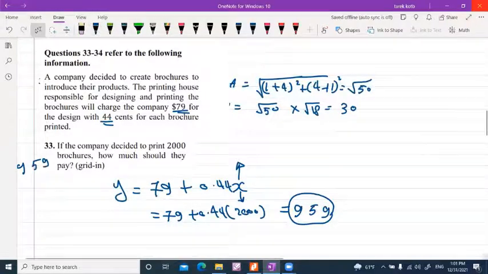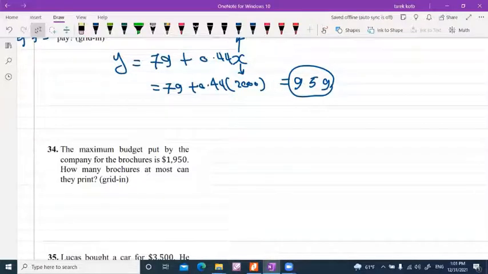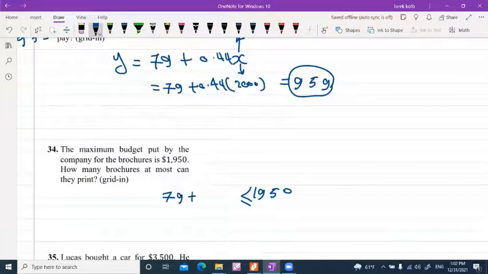Okay. Next question. The maximum budget put by the company for brochures is 1950. How many brochures at most can they print? If the maximum is 1950, this equation should be less than, so it will be 79 plus 0.44x less than or equal to 1950.